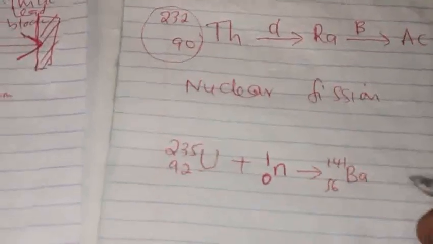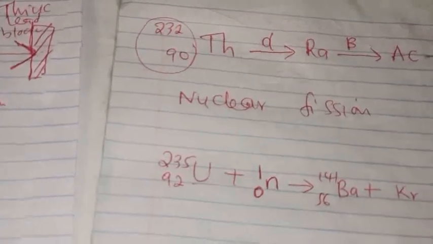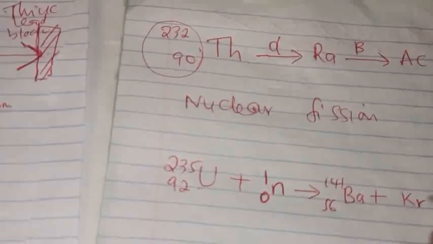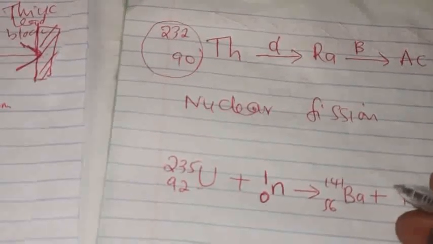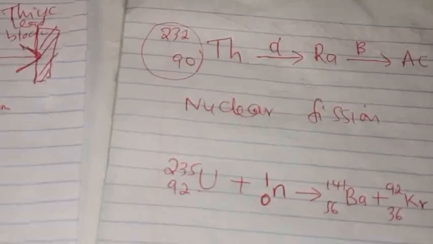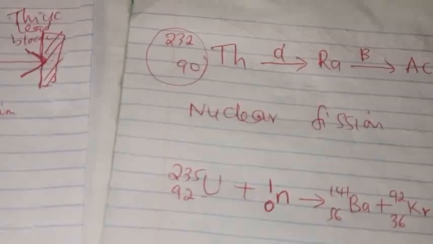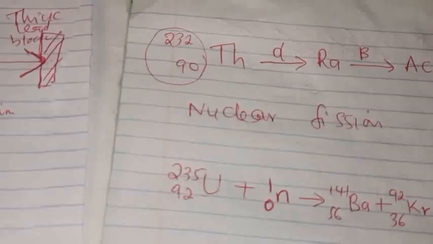And it also gives us krypton, with a mass number of 92 and atomic number 36. It also produces 3 neutrons and energy as well.